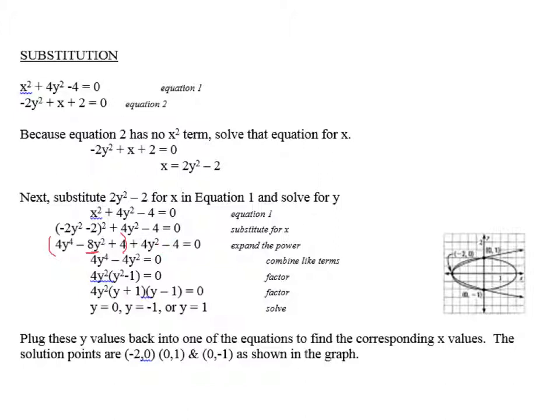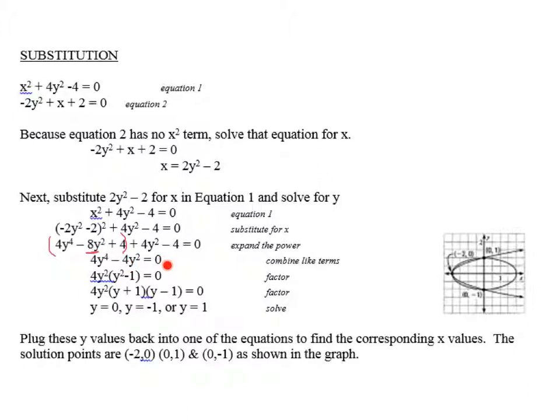All right, we do have some like terms. This term and this term can combine. And then this 4 and this negative 4 would just cancel out. So we end up with our 4y cubed, and then the y squared terms combine, and then it equals 0.